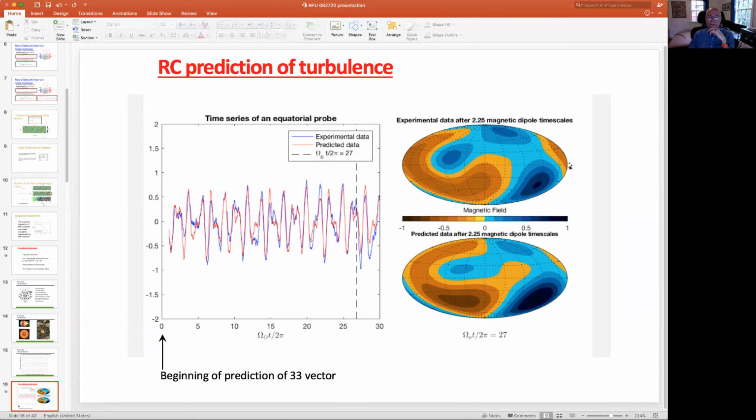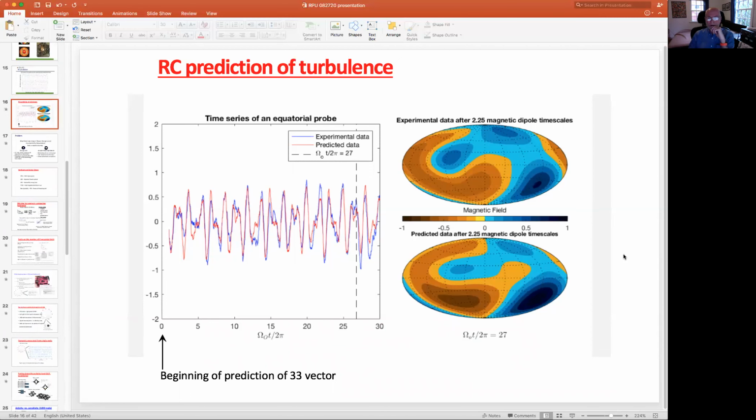The top map shows the radial component of the magnetic field, where blue is outward pointing and red is inward pointing, mapped onto an equal area projection on the outer sphere. The bottom map shows the reservoir computer prediction at that same time. And you can see that the map is relatively accurate. And so the reservoir is doing something like predicting the magnetic field weather coming out of the experiment.